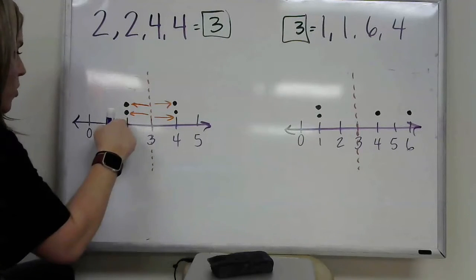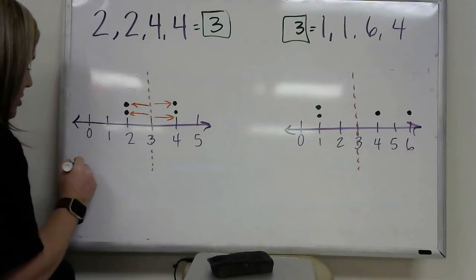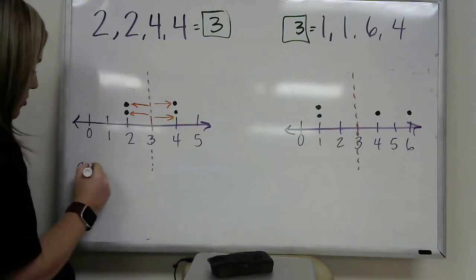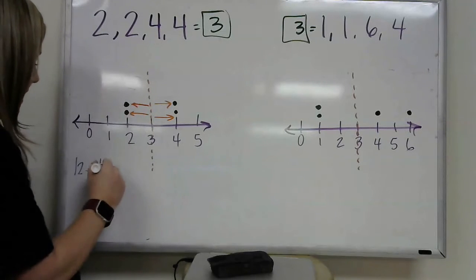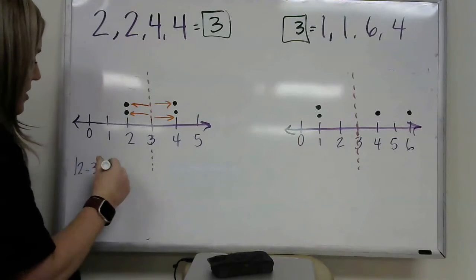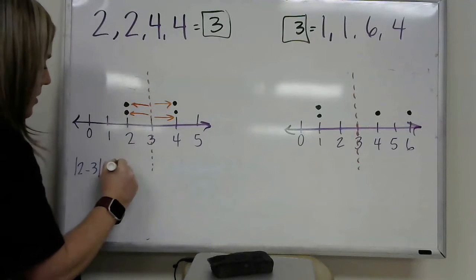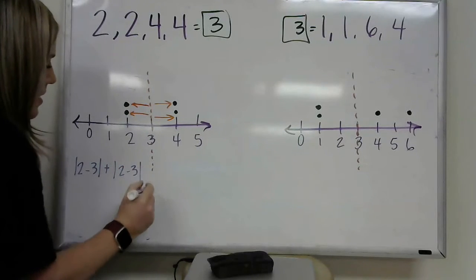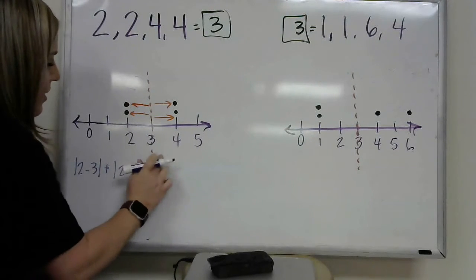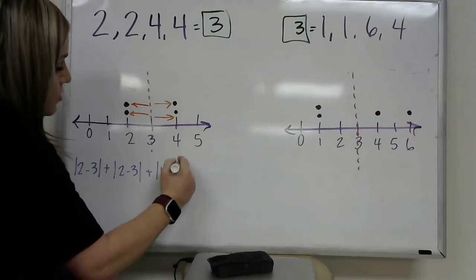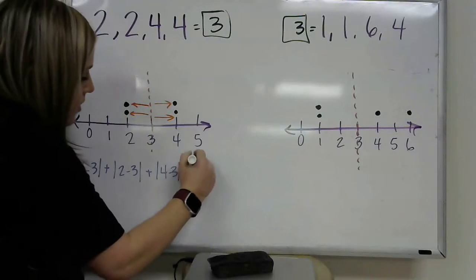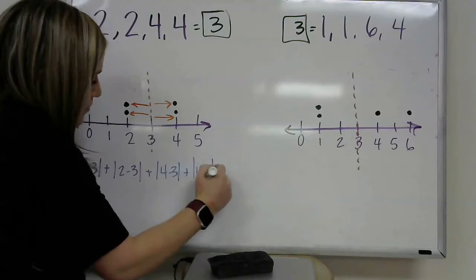So we have the absolute value of 2 minus 3, because my average is 3, and then again, I'm finding the average of these. 2 minus 3 plus, because I'm going to find the average, then 4 minus 3 plus 4 minus 3.